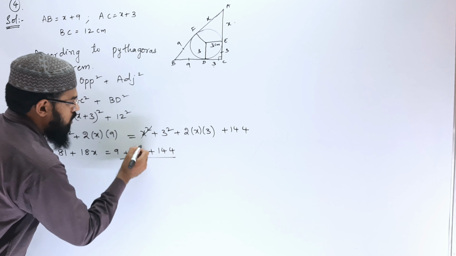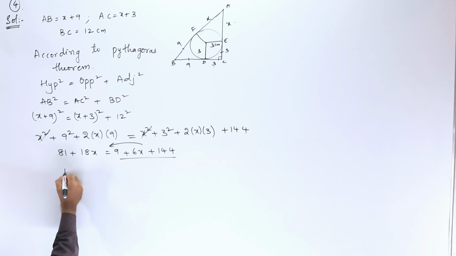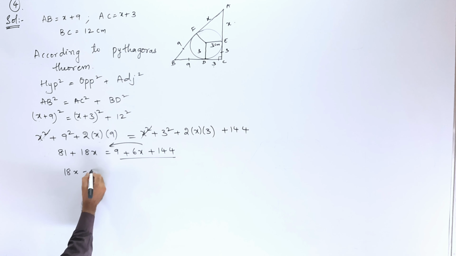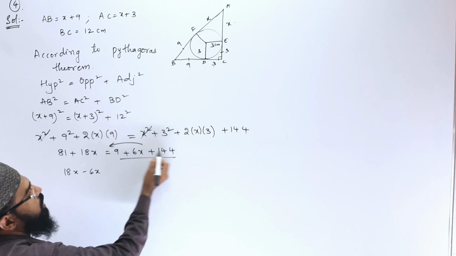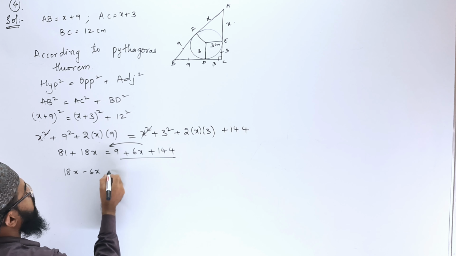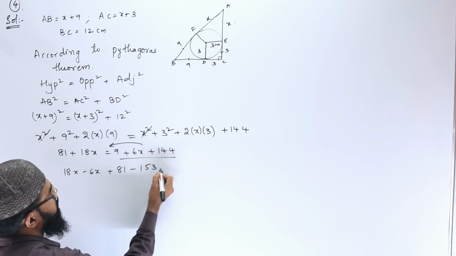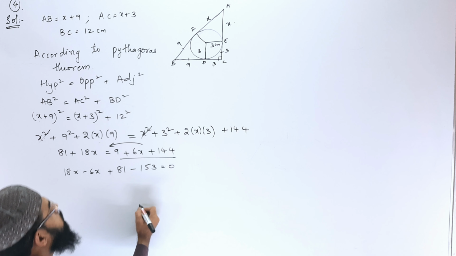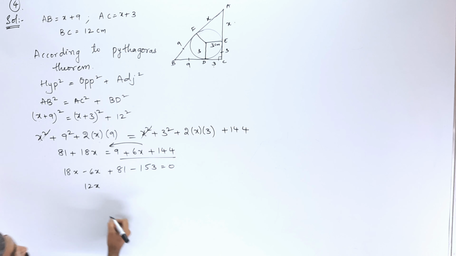Now bring this all to this side. 18x minus 6x. If we add this 9 plus 144, 153. So plus 81 minus 153 is equals to 0. 18x minus 6x, that will be 12x.